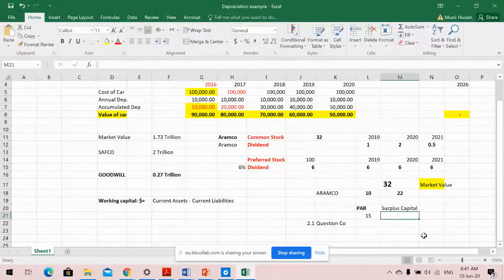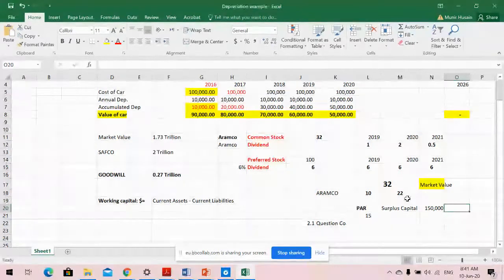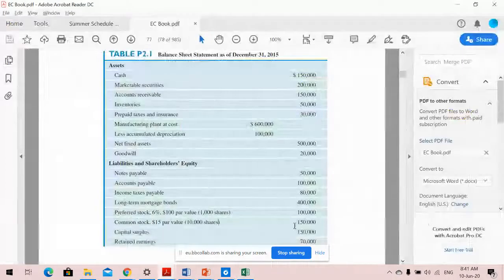The total amount is given, right? What is the total capital surplus? It is 150,000, right? This is given. The total amount, not like 22 for Aramco, right? We don't know what is the capital surplus for one share. Can you tell me what should be the capital surplus for one share?